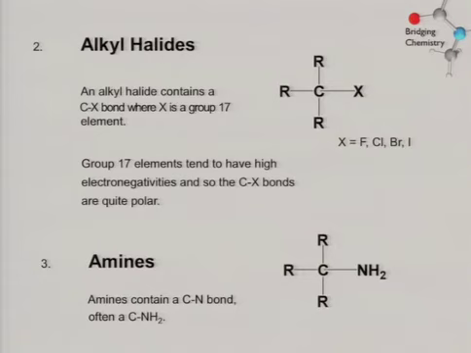Then down the bottom we have amines. An amine is a compound where attached to that carbon we have a nitrogen. And that nitrogen in turn can have two hydrogens attached to it. But the nitrogen can also have two carbons attached to it, or one hydrogen and one carbon. Doesn't matter. Those would all be called amines.